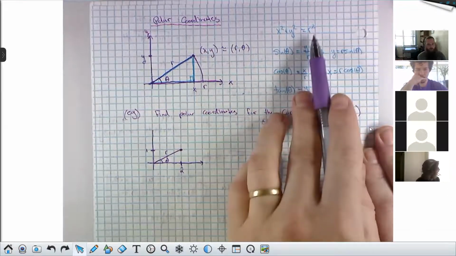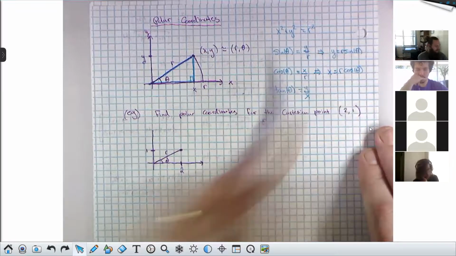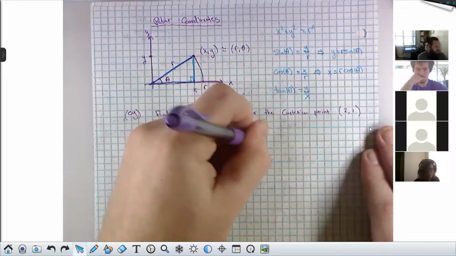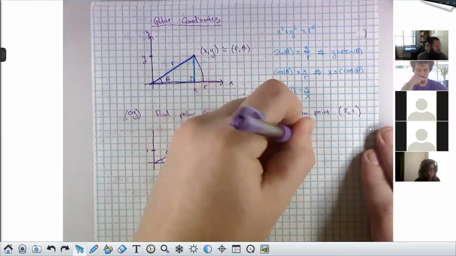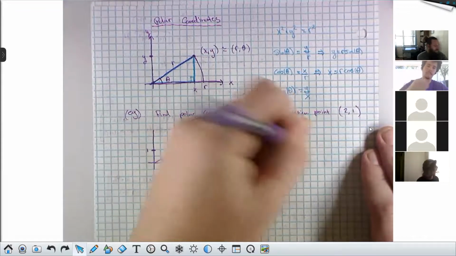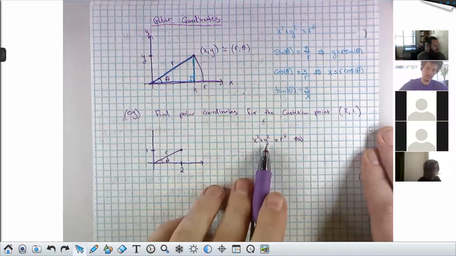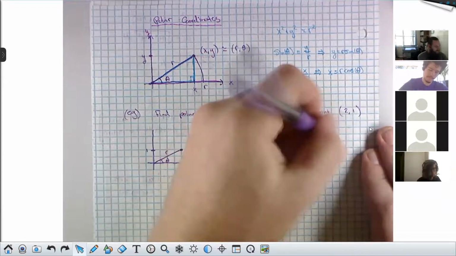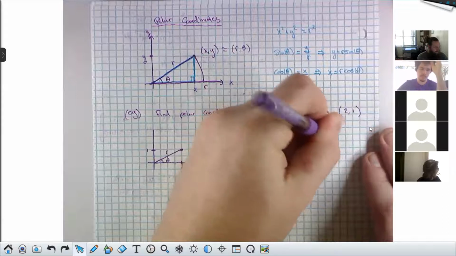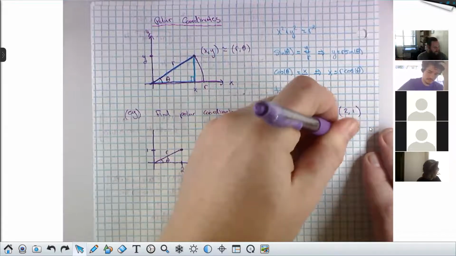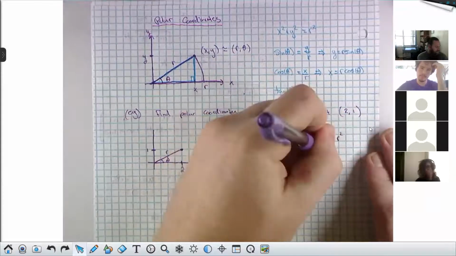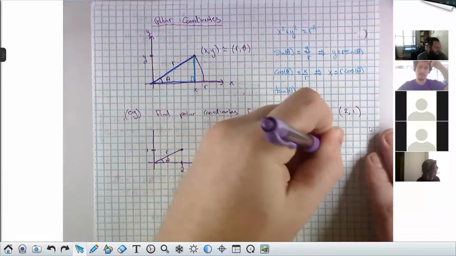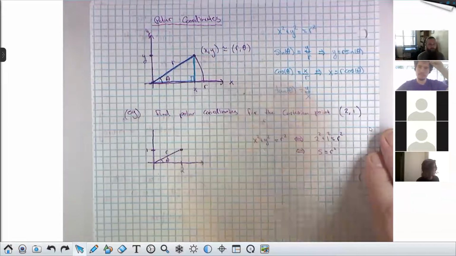The first item in our key, x squared plus y squared equals r squared, will tell me how to find r. This means 2 squared plus 1 squared equals r squared. Now 2 squared is 4, 1 squared is 1, so this is 5 equals r squared.